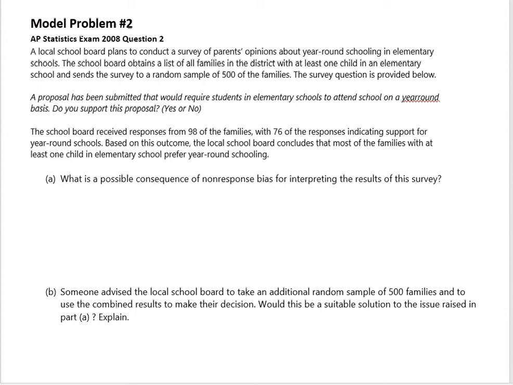One of the biggest issues that I see is that they sent surveys to a random sample of 500 and not even a fifth of those responded.